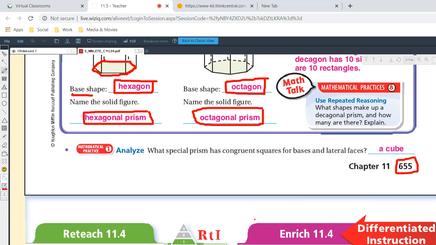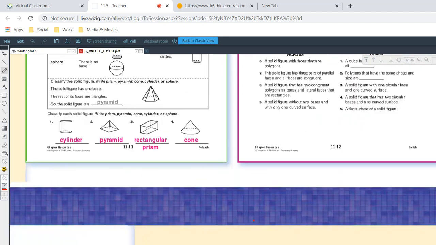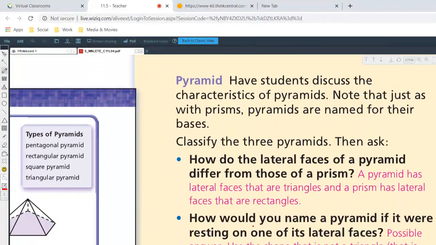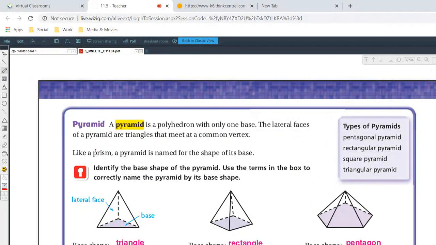Okay, this is the first type of polyhedron, which is prism. Let's move to the second type of polyhedron, which is pyramid. A pyramid is a polyhedron with only one base. It's very important because this is the difference between the prism and the pyramid.